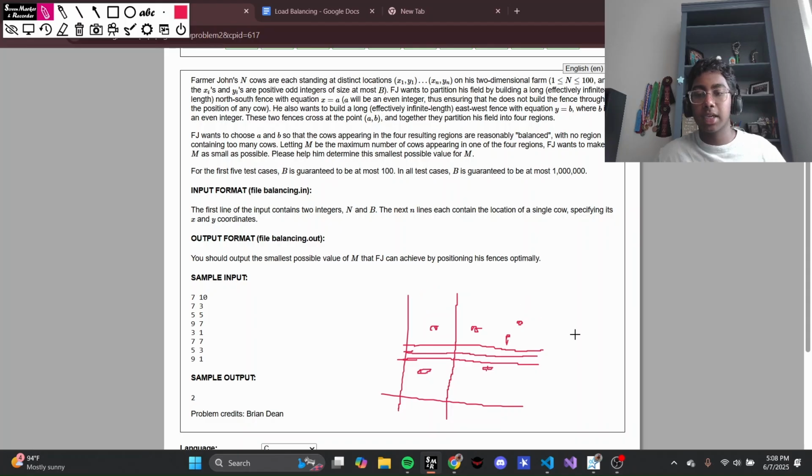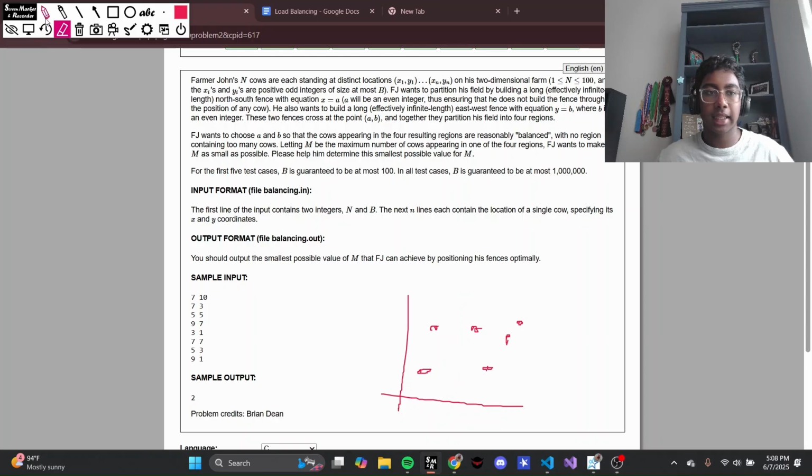So how we can make sure that a fence position we try changes something is by using the cows as reference points. Obviously, we won't know exactly how many cows are in each quadrant when we try some fence position. So the best thing we can do is make sure that the different fence positions we try at least change something.